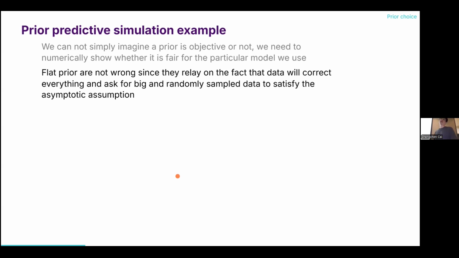Actually, flat prior is based on the randomly sampled big data, so that the data will tell you everything and the prior doesn't matter anymore. But in reality, we don't have big data and we don't have randomly sampled data in most cases. So you still need to think about your prior.